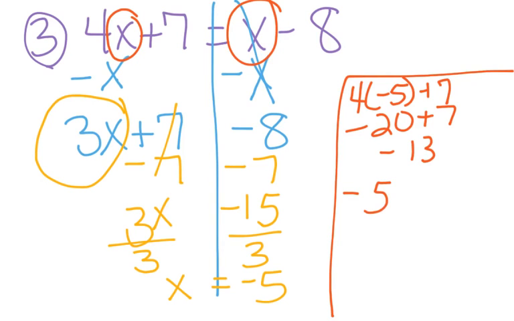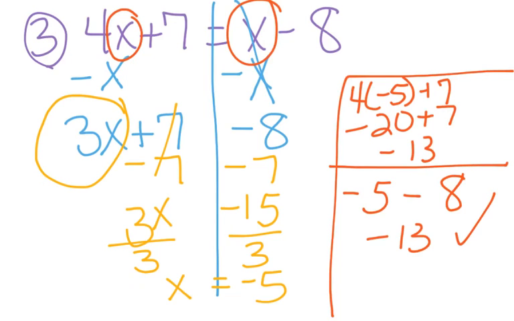Change the x to a negative 5. Negative 5 minus 8 is also negative 13, so I have the correct answer. When I put in negative 5 for the x on one side and the other side, I get the same value out. That means my equation is balanced and my answer is correct.